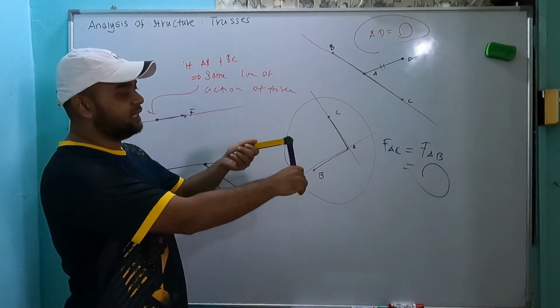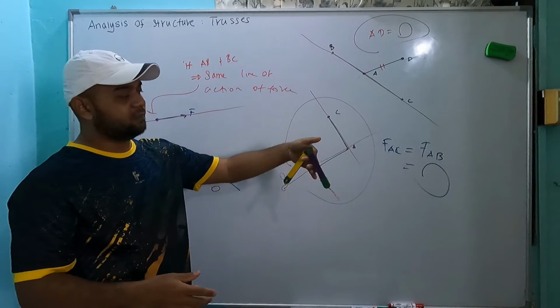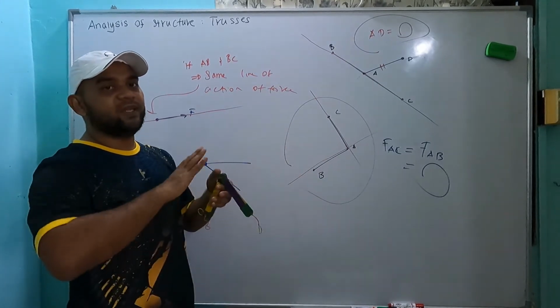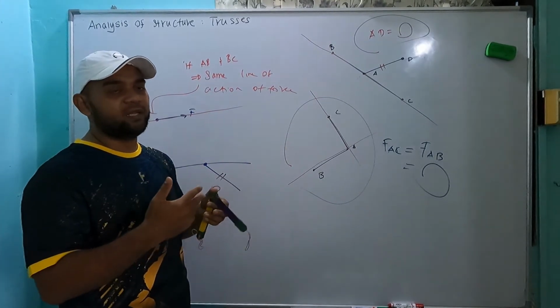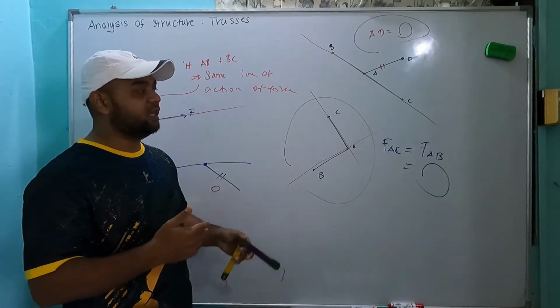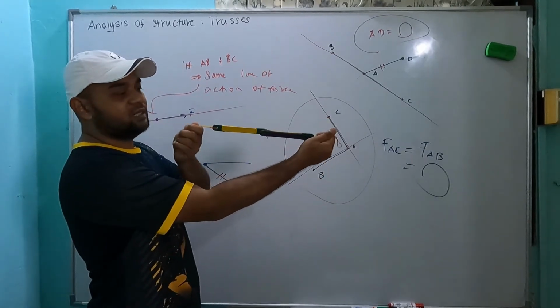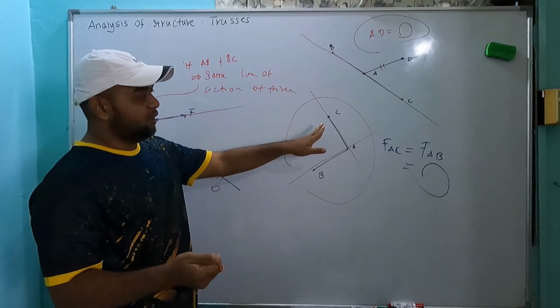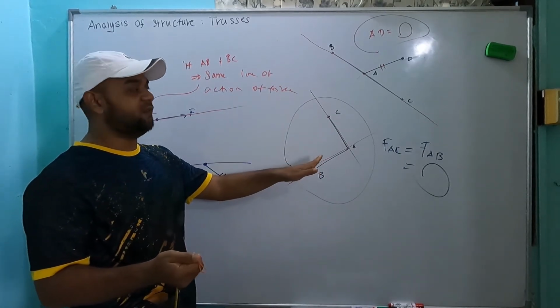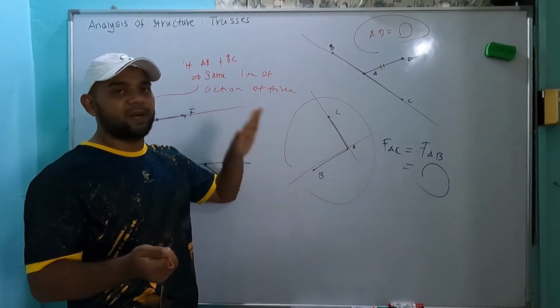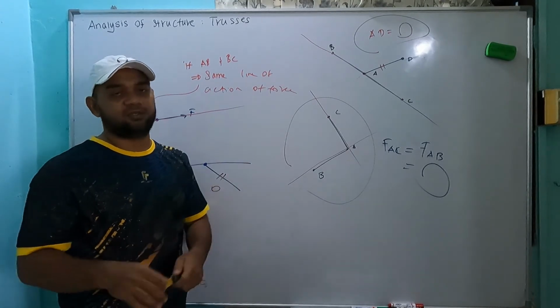So in order for this system to maintain equilibrium in this direction, there must be no forces pushing or pulling. If there is a force, it will go straight to the same line of action of force. So if you have two components not on the same line of action of force, both components must be zero force.